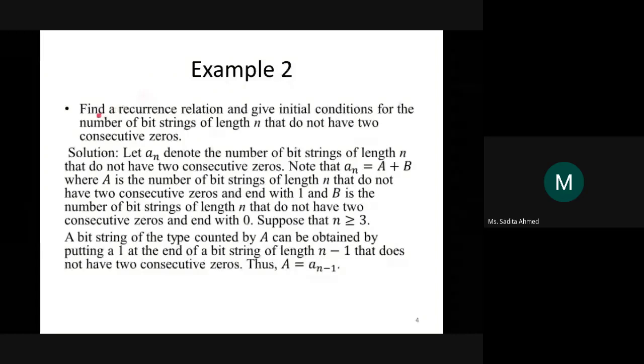We are asked to find a recurrence relation and give the initial condition to count the total number of bit strings of length n that do not have two consecutive zeros.